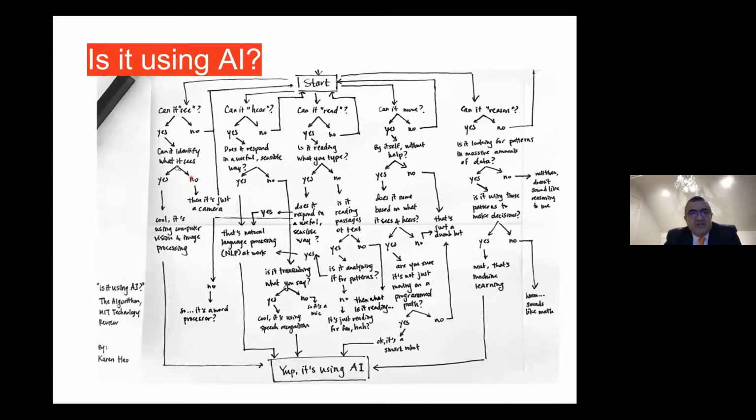So if it's just a camera, I go here. And if it can identify what it sees, then it's probably using computer vision and image processing, and I can class it as AI.